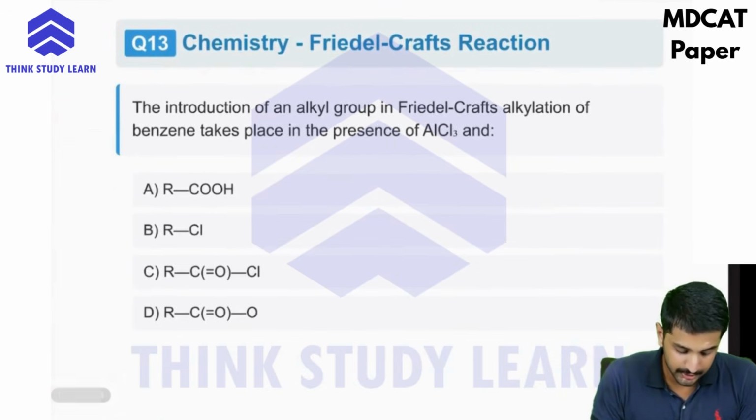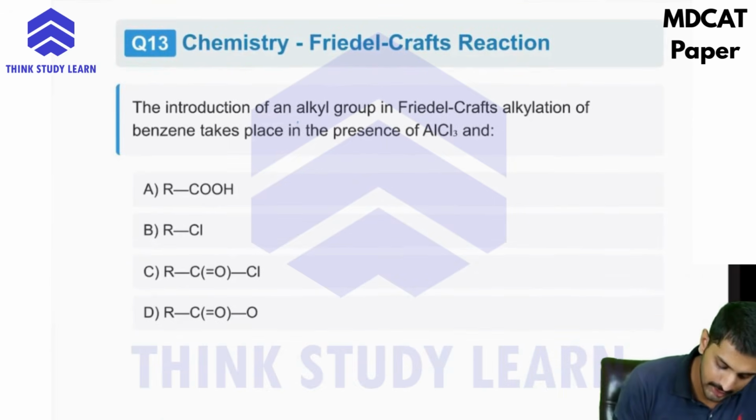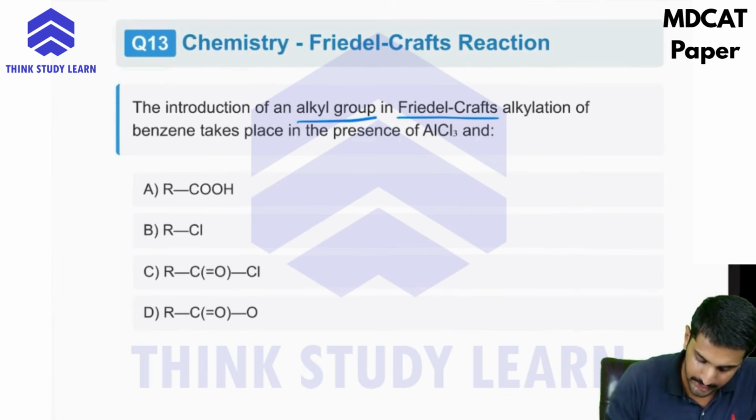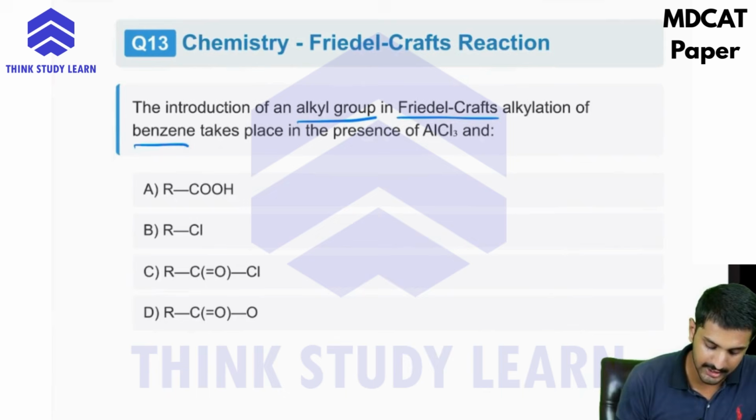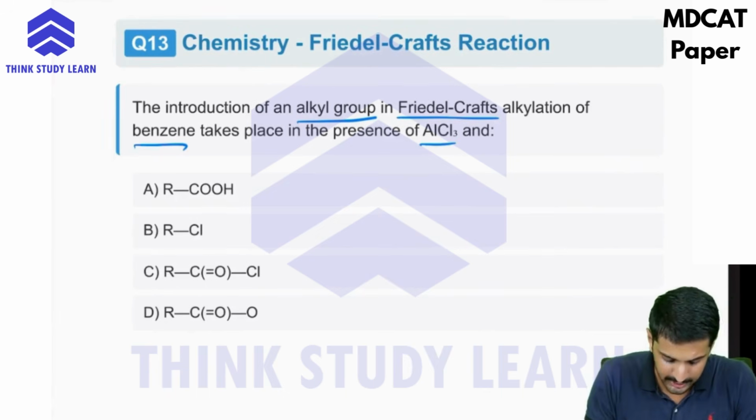Question number 13. The introduction of an alkyl group in Friedel-Crafts alkylation of benzene takes place in the presence of AlCl3 and.